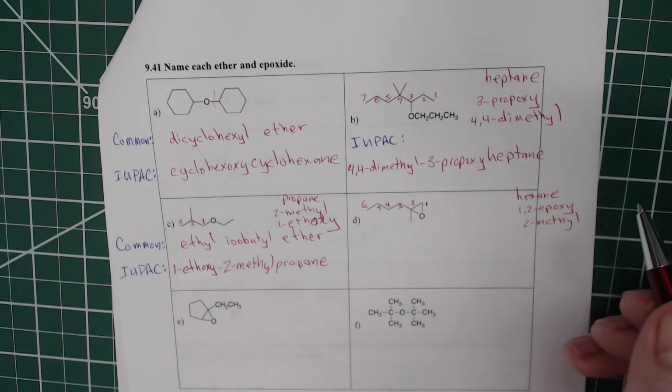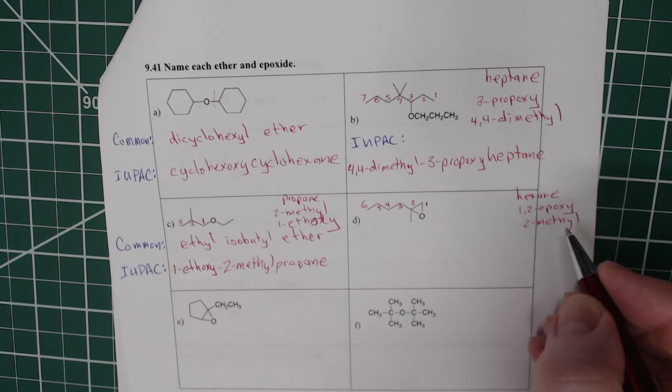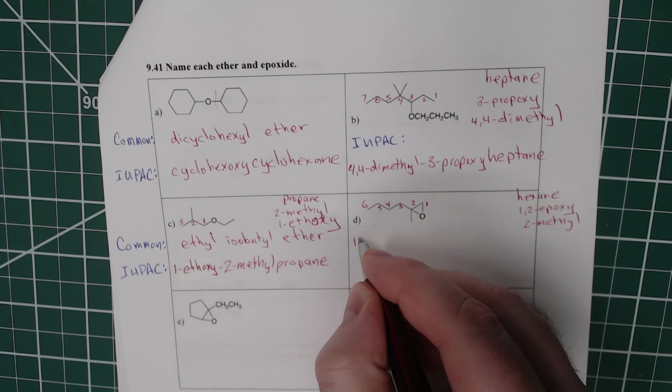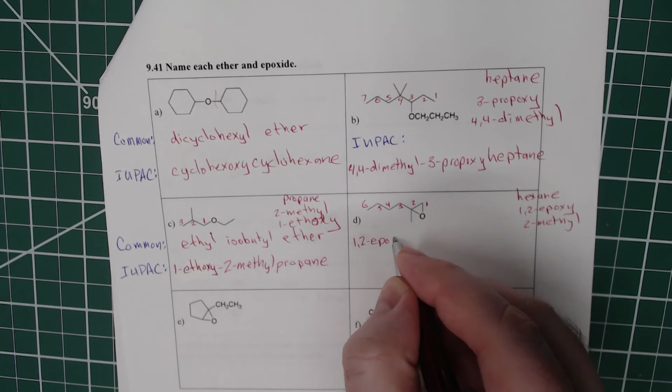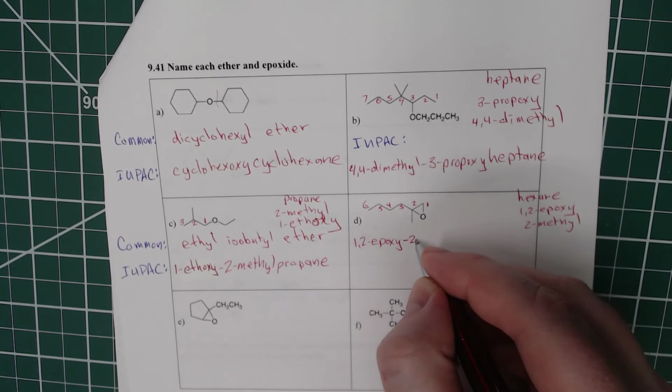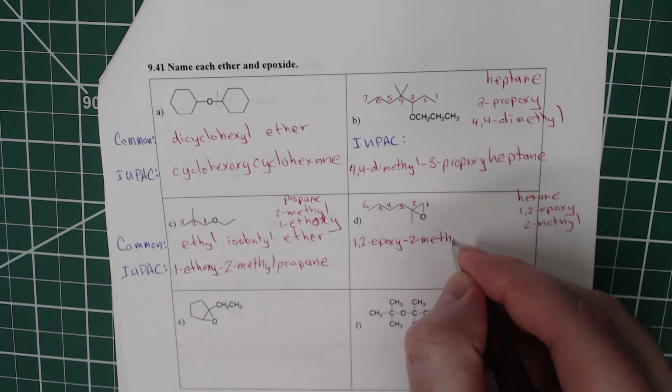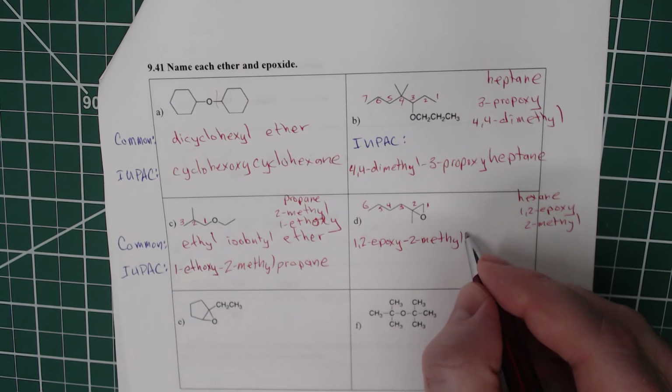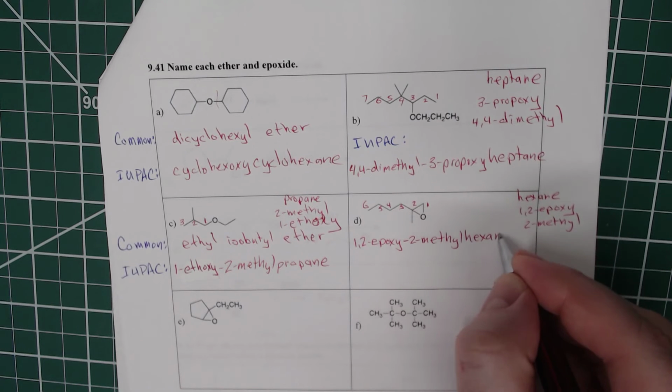So when we're naming that, E comes before M, so we'll have 1,2 epoxy, 2-methyl hexane.